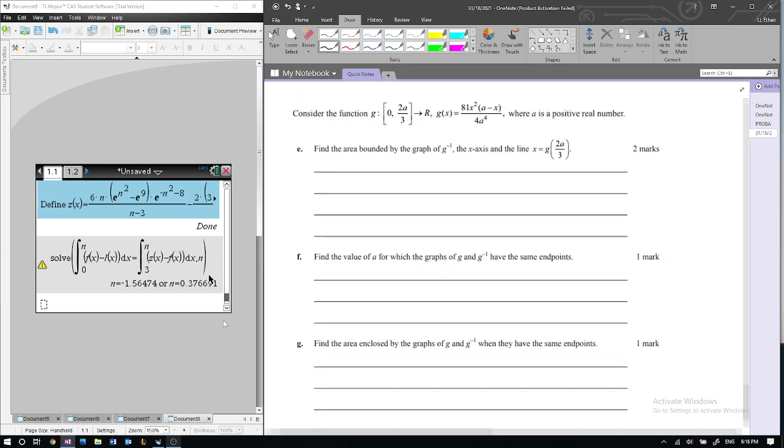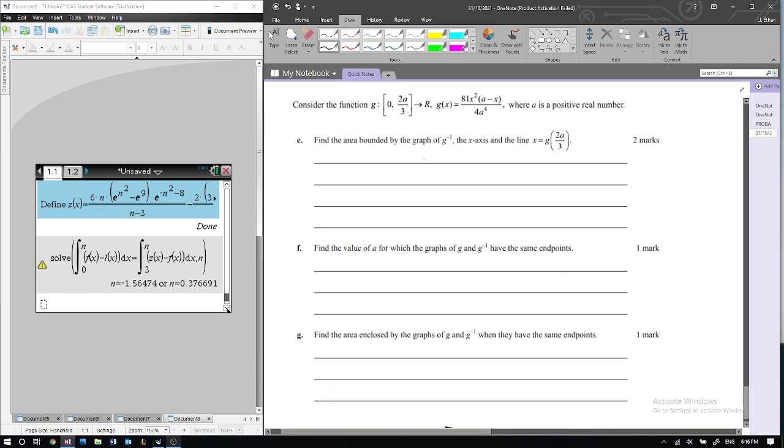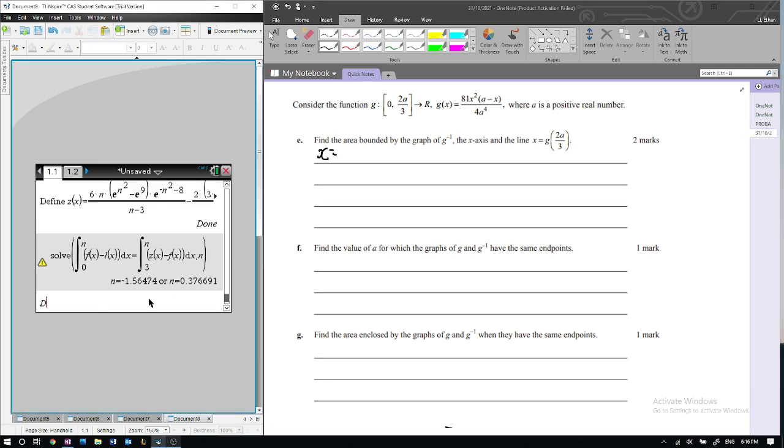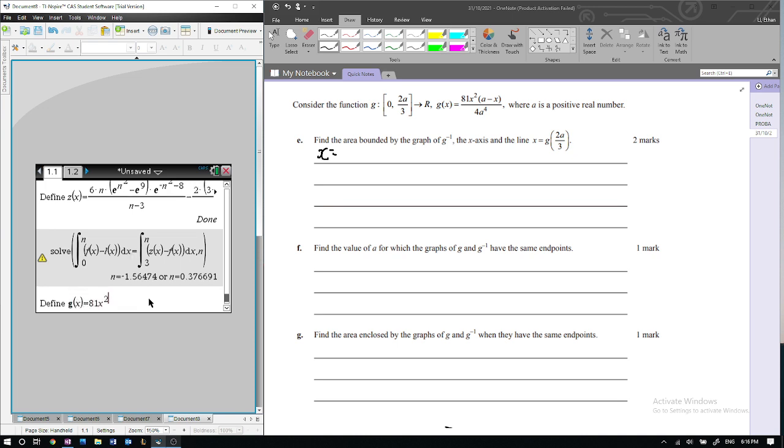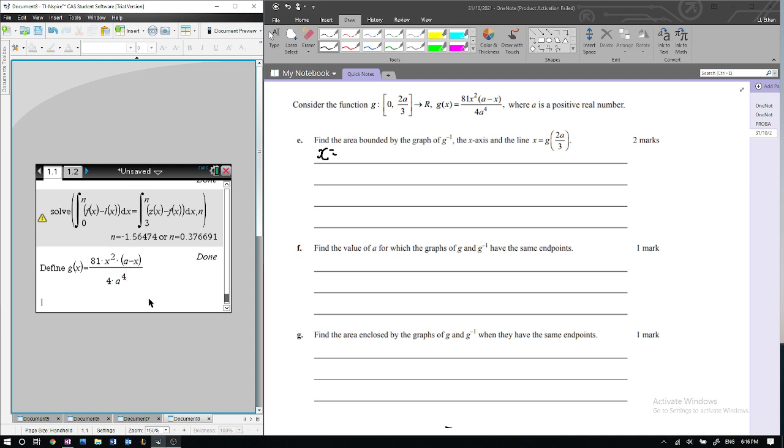Consider the function this. Okay, I think this is a harder one. Find the area bounded by the graph of inverse g, the x-axis, and the line x equal to g. So let's first figure out what that is. Define g of x to be 81 x squared times (a minus x over 4a) to the 4.